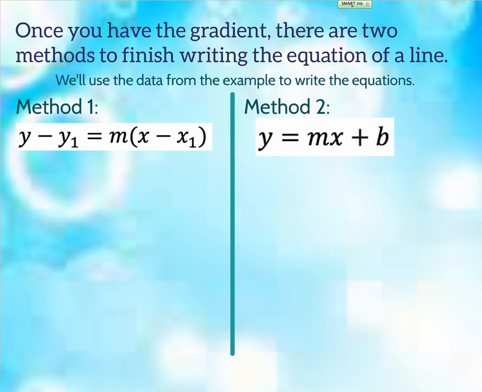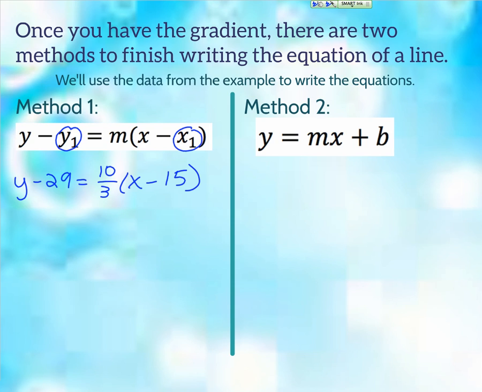So our point will go in x1, y1. So I'll have y minus 29 equals 10/3 times x minus 15. Any questions about where we have to put stuff?